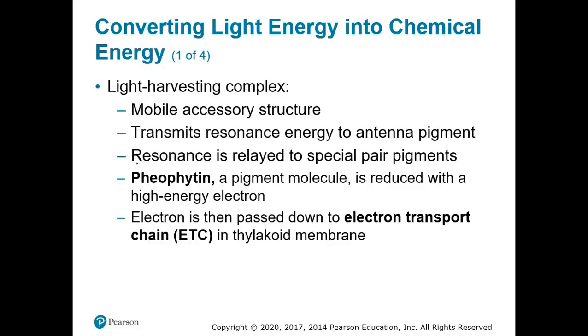They are going to be resonance energy transferred into that reaction center where we see a very specific set of pigments. Pheophytin is going to be one of our main players, because what we're actually going to do with this electron is pass it down an electron transport chain.